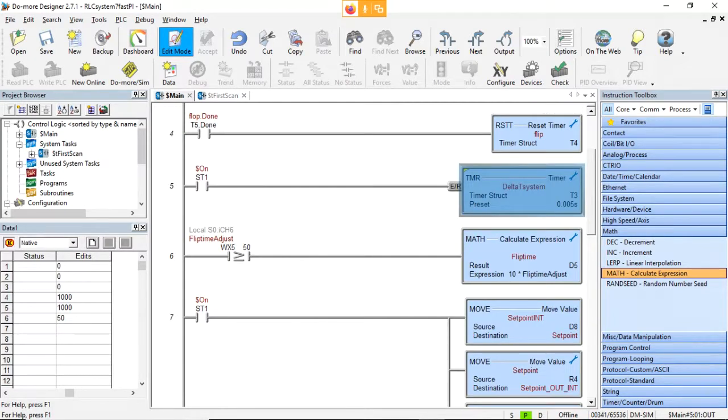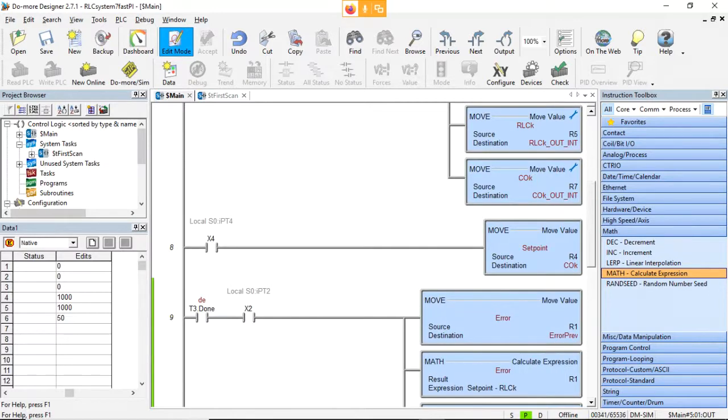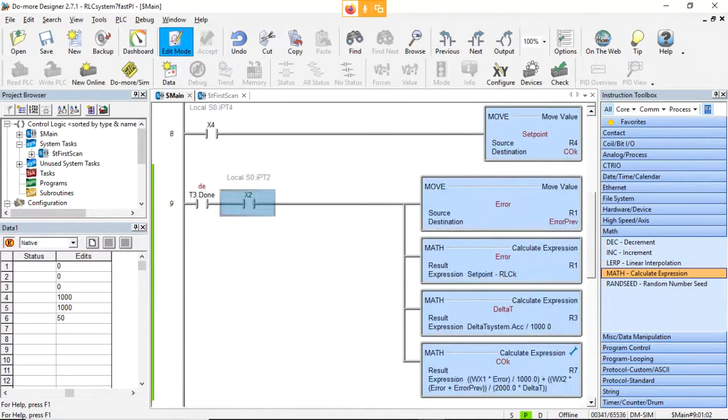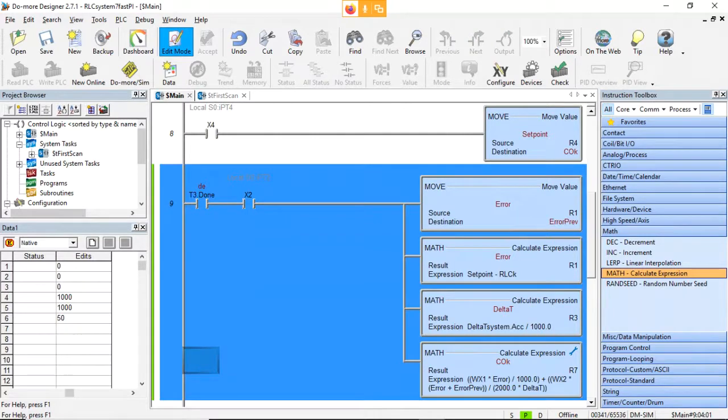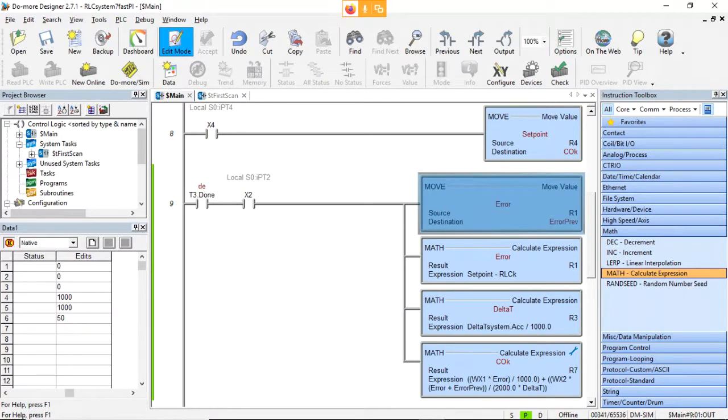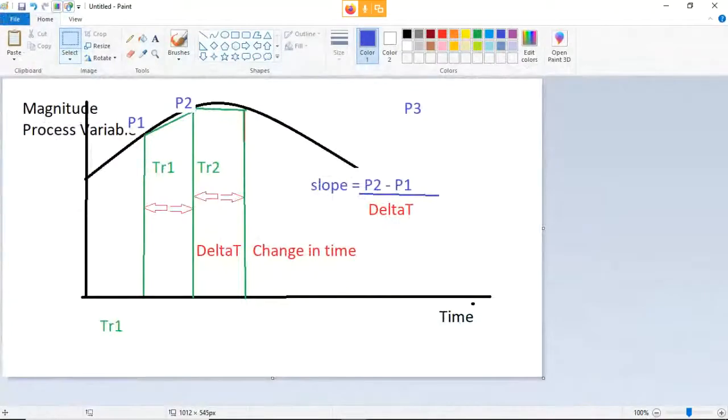Here's our open loop that we had before, rung 8, which was just sending the set point out through the control. What we need to do is insert a rung before the system, and we have to deal with these 0.1 and 0.2, which are actually going to be our errors.